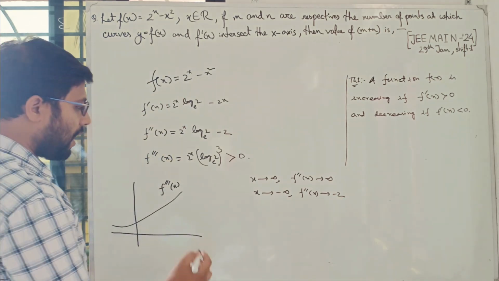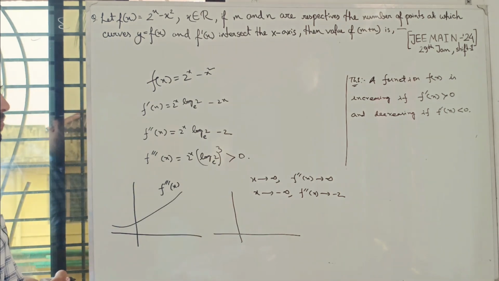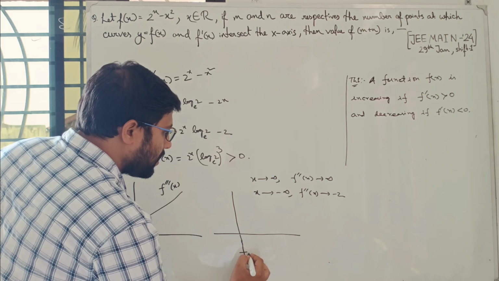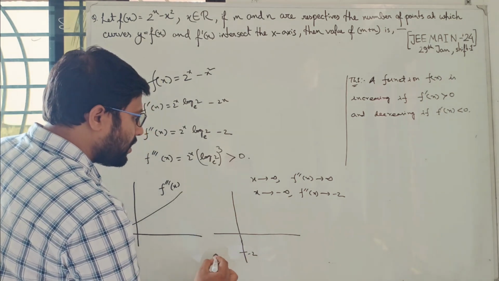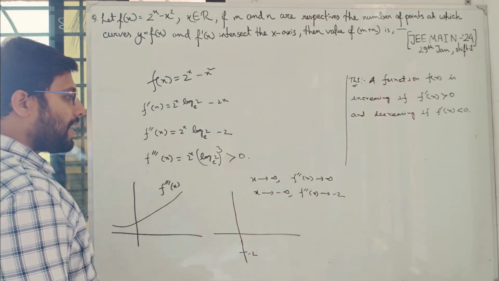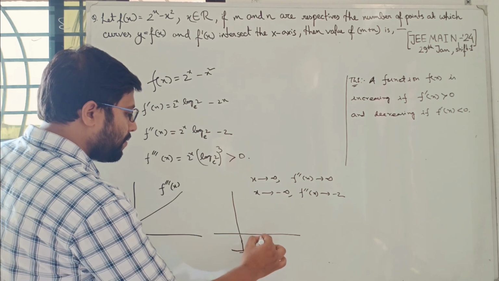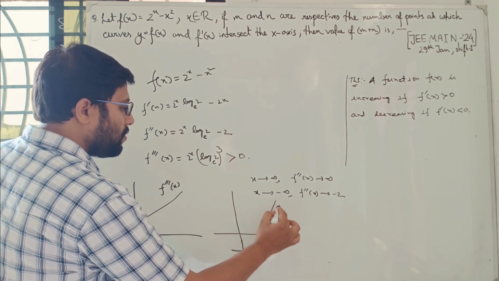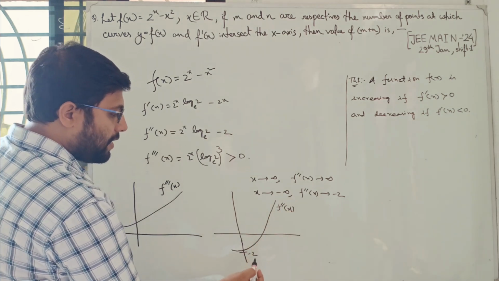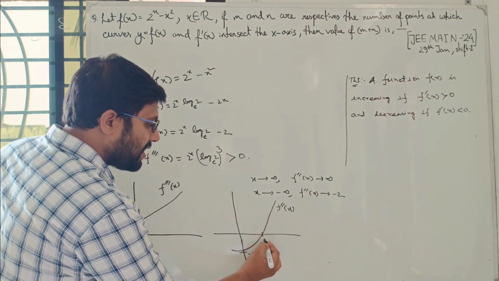So the graph of f''(x) will be like this. At y equal to minus 2 it will be asymptotic, and since it is increasing it will cut the x-axis at exactly 1 point. So this is the graph of f''(x), and we suppose that it cuts the x-axis at the point x equal to gamma.